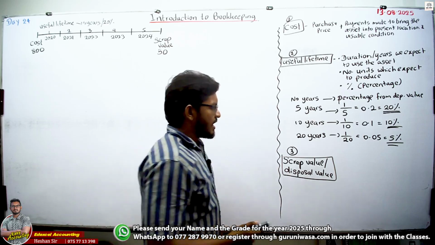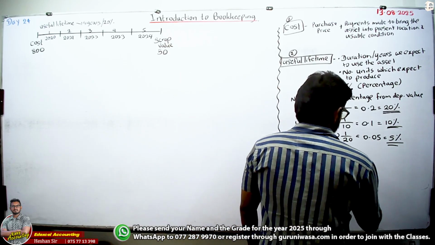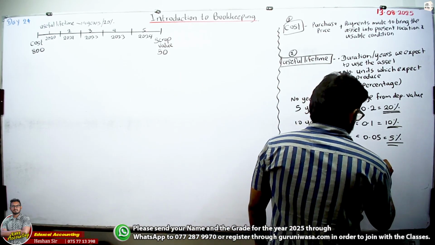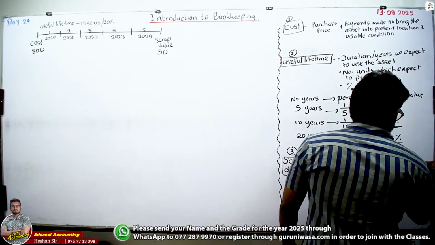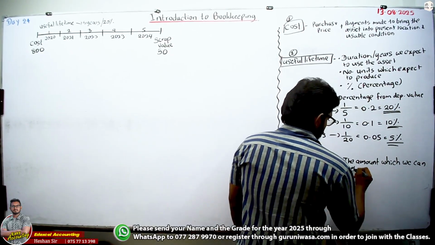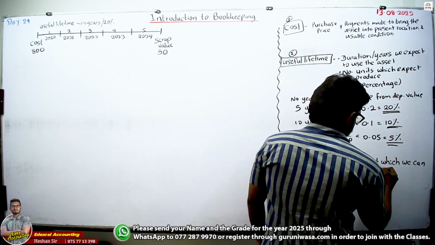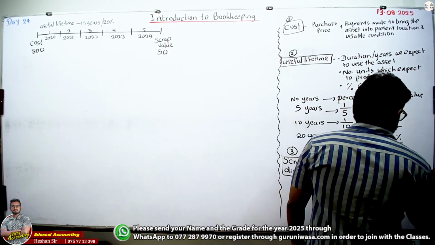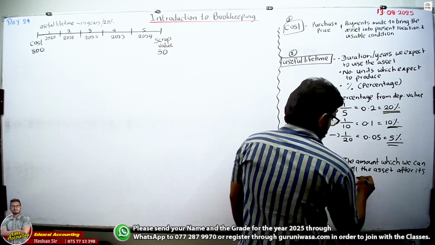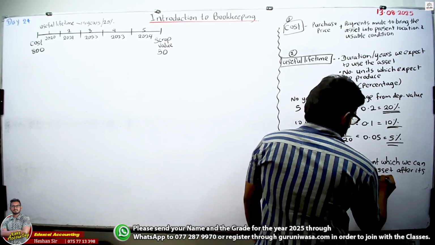This is just the estimate. Understand? The amount for which we can sell the asset after its useful lifetime.